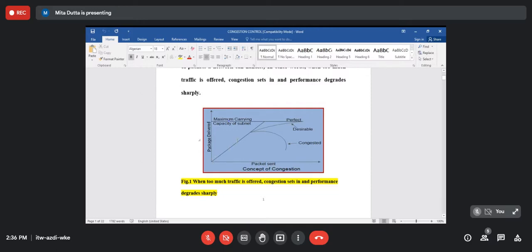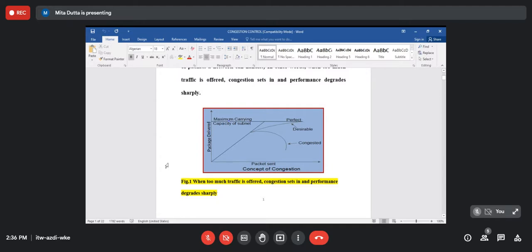This is shown by a straight line curve passing through the origin, where packets sent is proportional to packets delivered, and both are within the maximum data carrying capacity of the network.